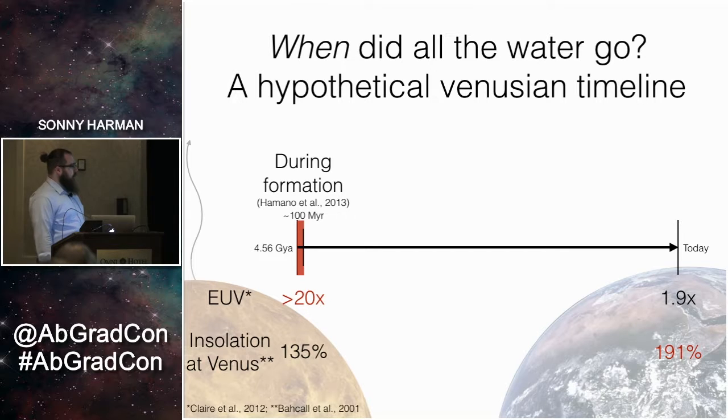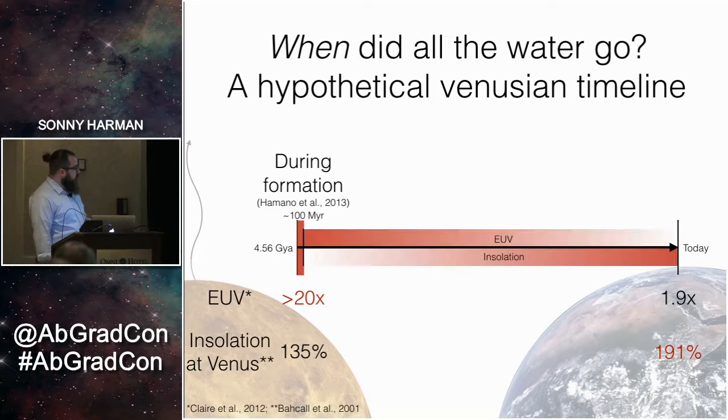It's about 135%, which is still interior to the runaway greenhouse limit from the classical habitable zone. But the EUV flux is anywhere between 10 to 20 or more times larger than the modern EUV flux. And so you're talking about, again, this regime where you're pummeling the atmosphere, which may be predominantly water vapor, shattering those water vapor molecules so you can drive that escape.